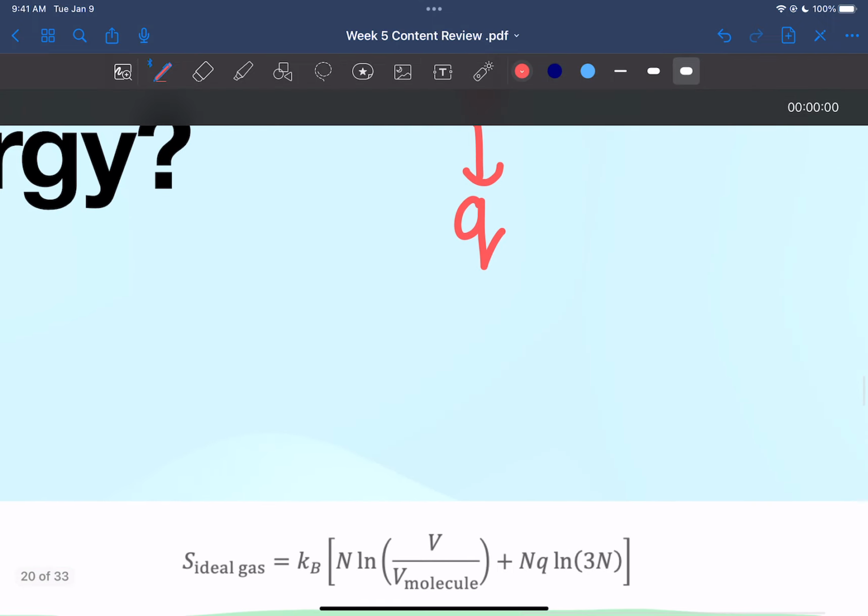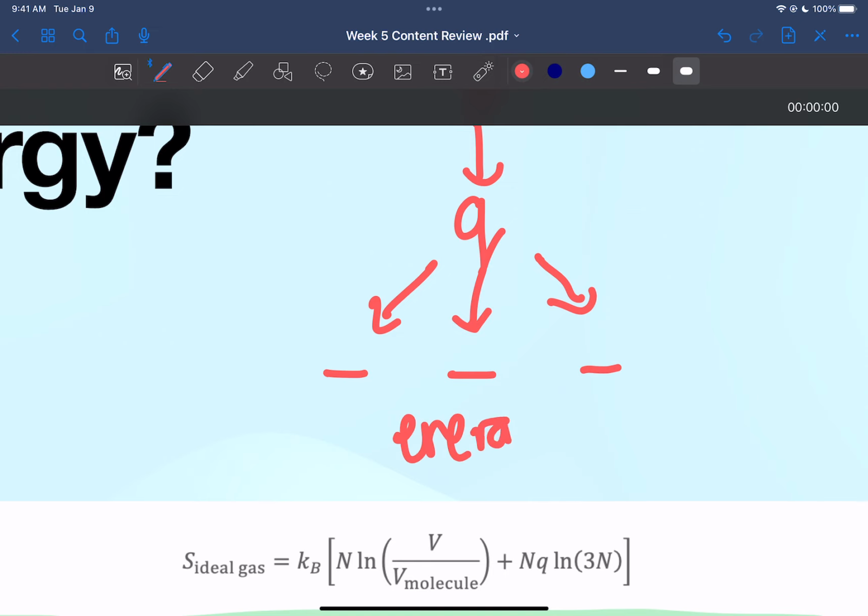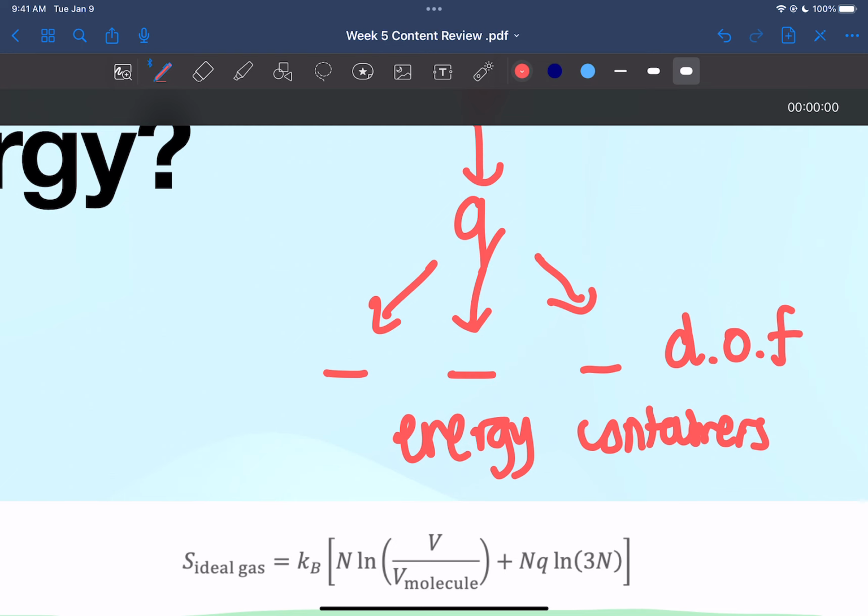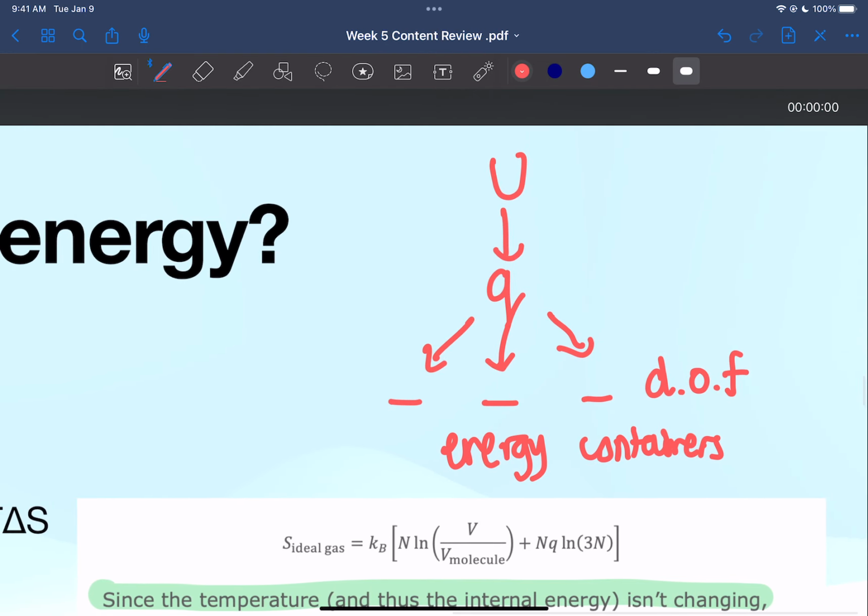Those energy blocks can be distributed into different, quote unquote, energy containers, which are kind of like our degrees of freedom. So we have a certain total internal energy, split into energy blocks, and those blocks are distributed into degrees of freedom, the energy containers.